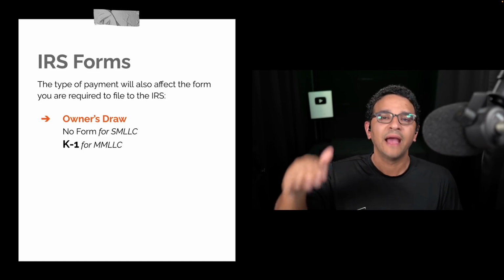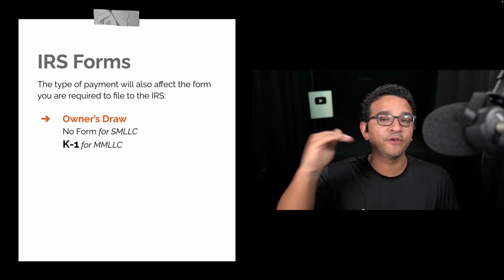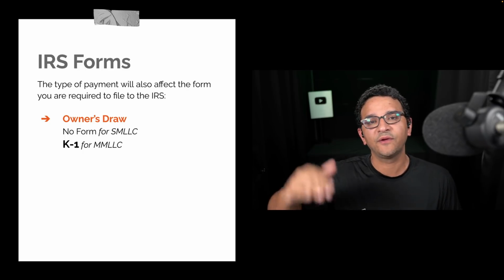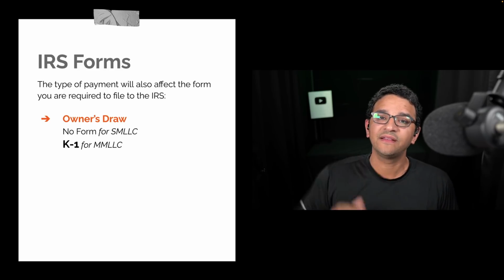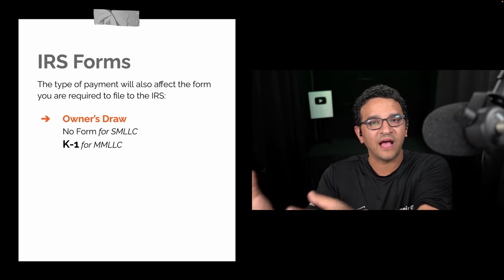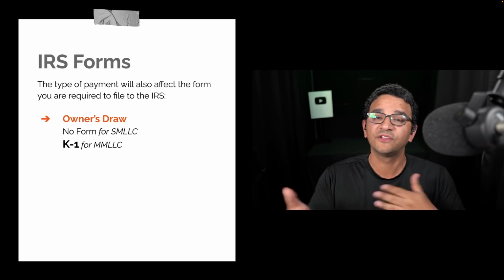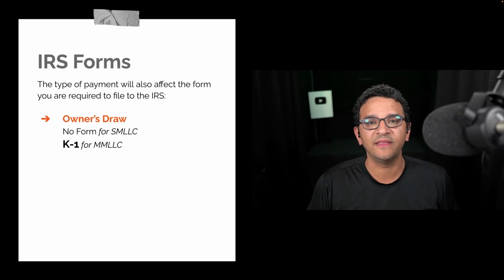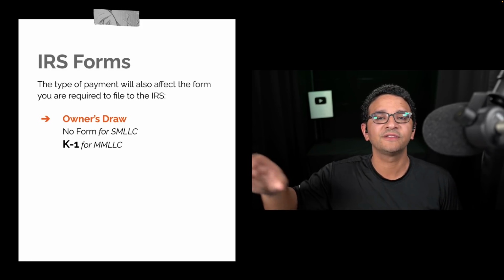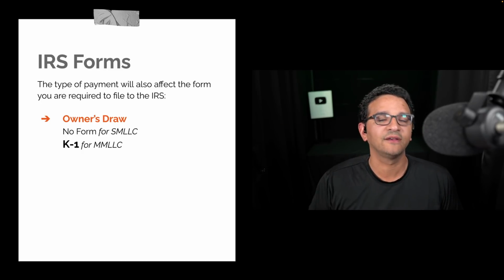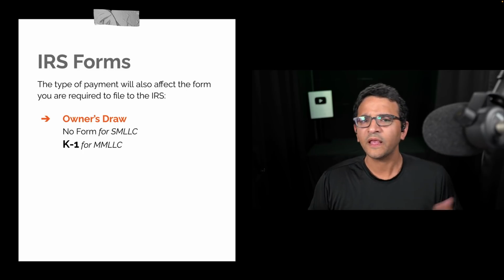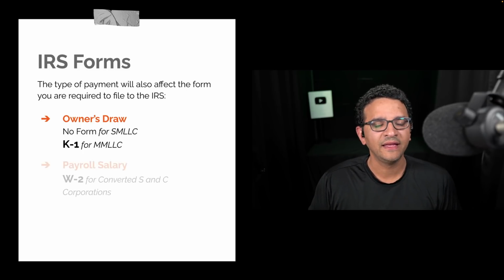There will be a beginning balance of the capital you put into the business. There will be an increase or decrease in capital based on the profits, and then the final decrease in capital based on how many draws you took out. What's interesting about this is that because there's multiple owners, every owner gets the K-1, and every owner has its own calculation on those owner draws. We'll discuss that in a little bit more detail.